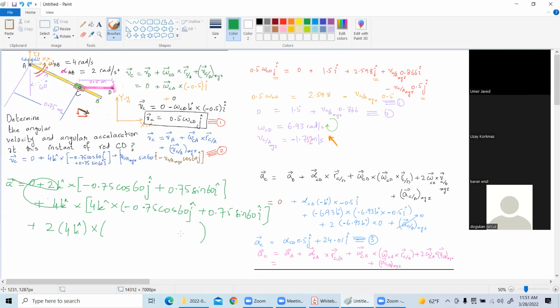Give me the value here. What should I write? 1.732? Good, very good. Fantastic. You're very close. It is going in the negative x direction. So it will be sine 60.